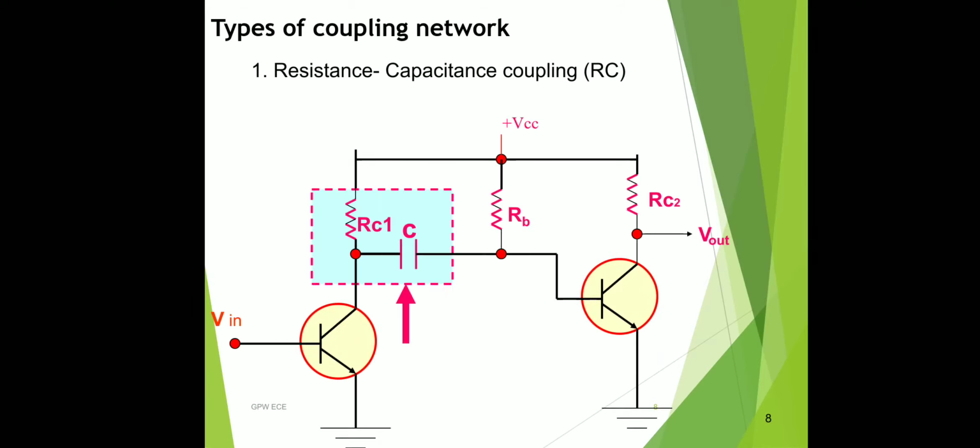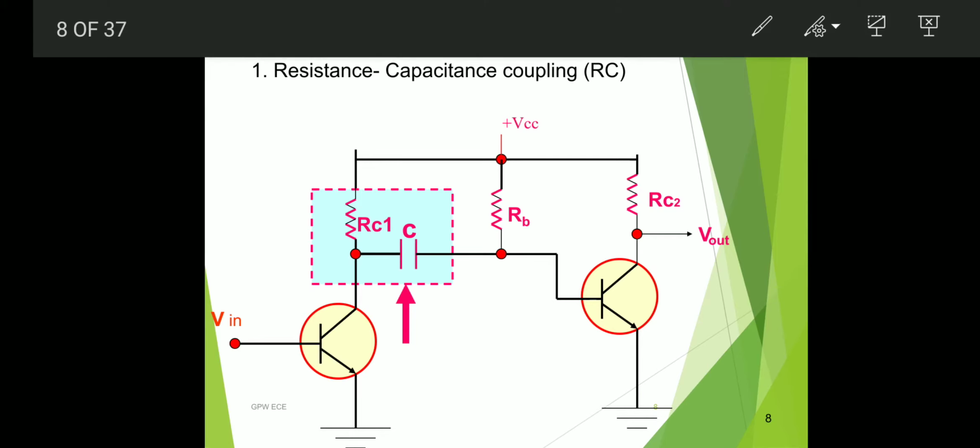Based on that, the coupling networks are classified into resistance-capacitance coupling, generally called RC coupling. RC coupling means the coupling elements are R and C. If you observe this block diagram, the output of the first stage is connected through R and C to the input of the next stage.